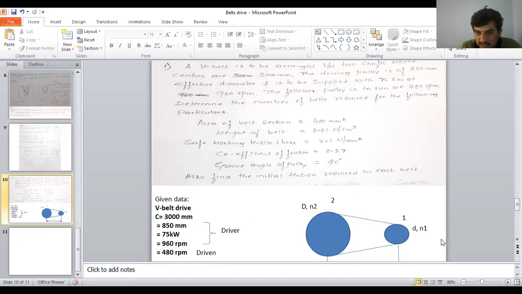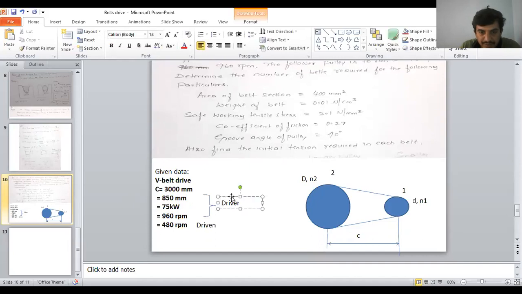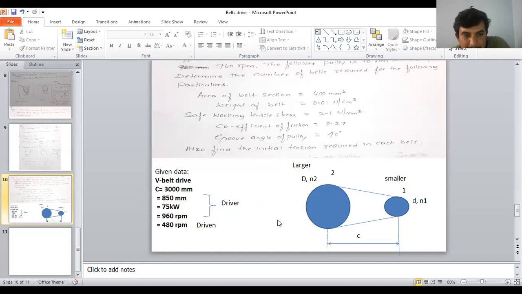This is a smaller pulley, and this one is a larger pulley. Now tell me which one is driver, which one is driven? Sir, smaller will be driver and larger will be driven.